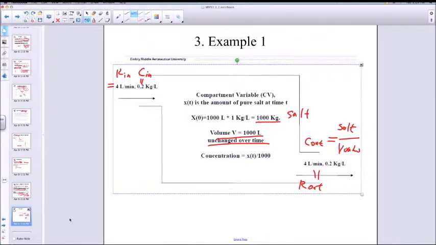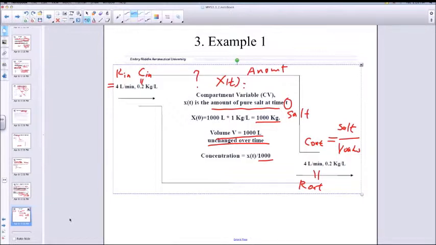So in that case, because the volume does not change, my only state variable is this x(t). Oh, that should be the starting point, actually. After you draw the graph, what is that x(t)? It is the amount of pure salt at time t.